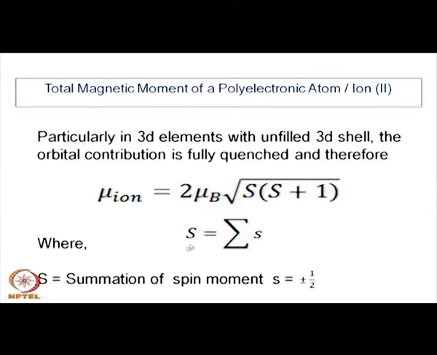Okay. So, S is the summation of the spin moments of all the electrons available. So, that gives you the total spin quantum number, a spin magnetic moment, and that is the predominating term. The orbital magnetic moment is negligible in this group of materials.